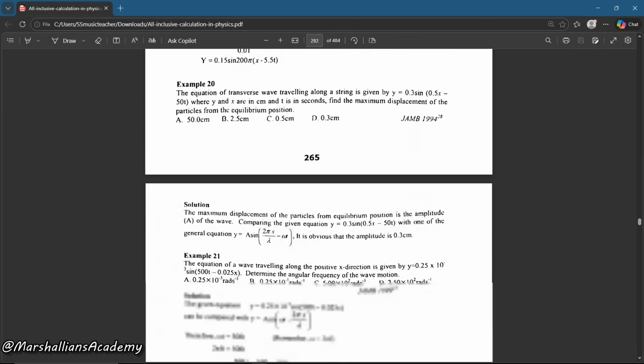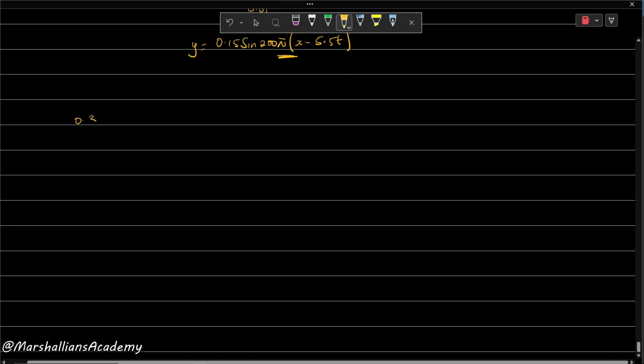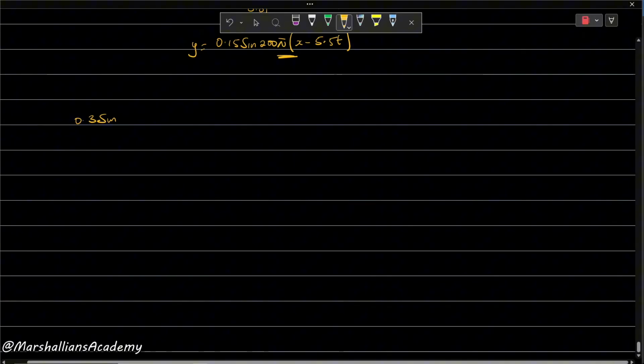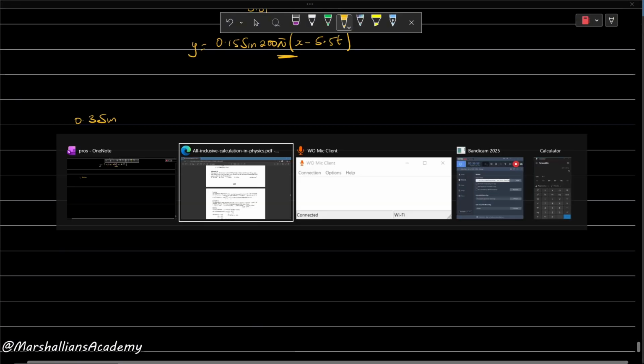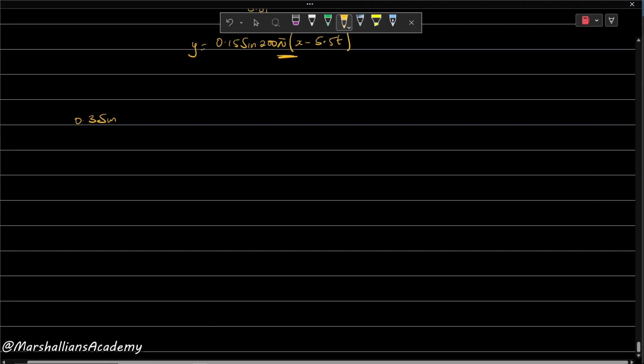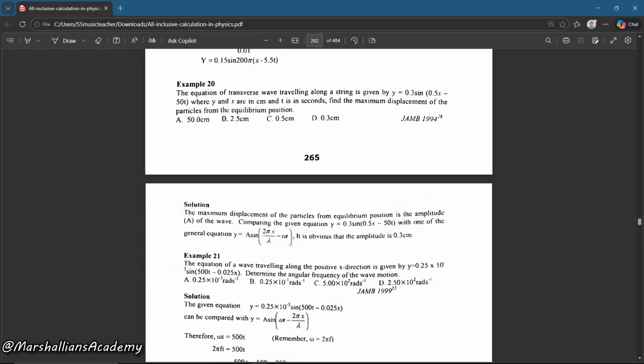All right, example 20, they said the equation of a transverse wave along a string is given as 0.3 sine, let's write it down, 0.3 sine 0.5x minus 50t. Let me see if I can put these pages side by side. Is that all?